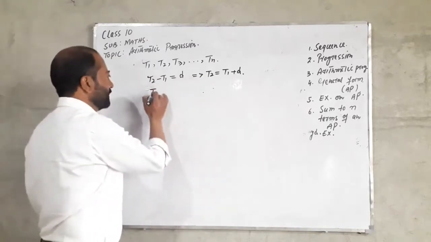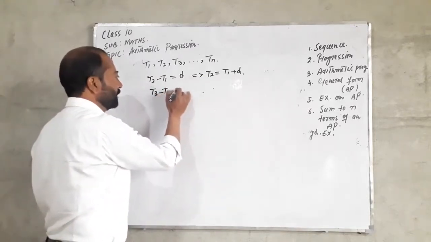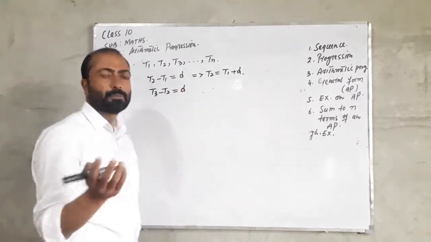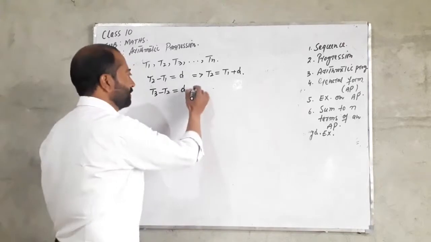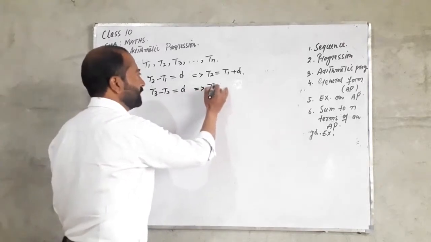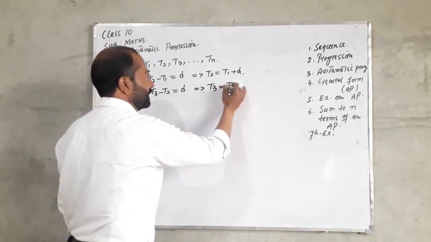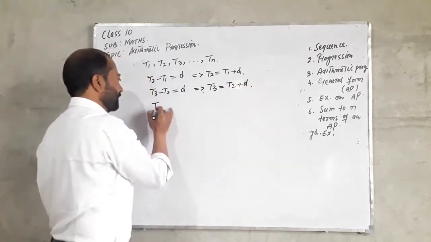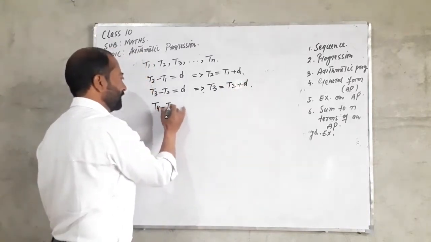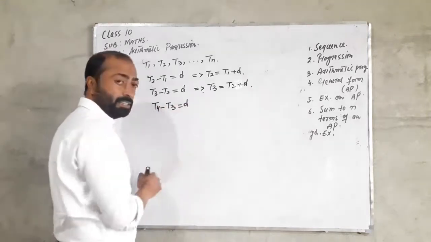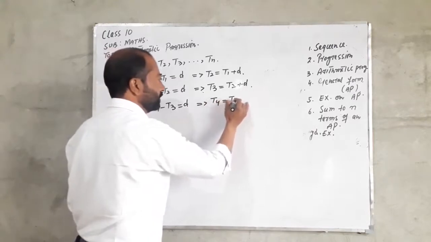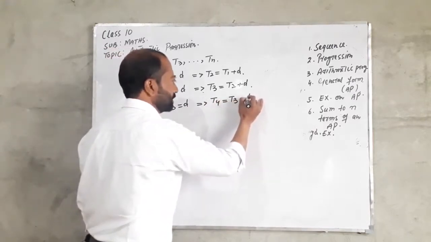Similarly, T3 minus T2 is equal to D. Following the definition, because the common difference is the same everywhere, T3 can be written as T2 plus D. Similarly, T4 minus T3 is again D. So this gives us T4 is equal to T3 plus D.